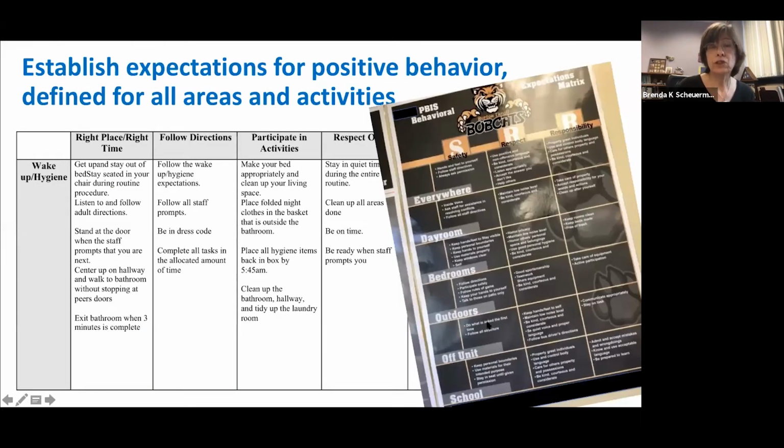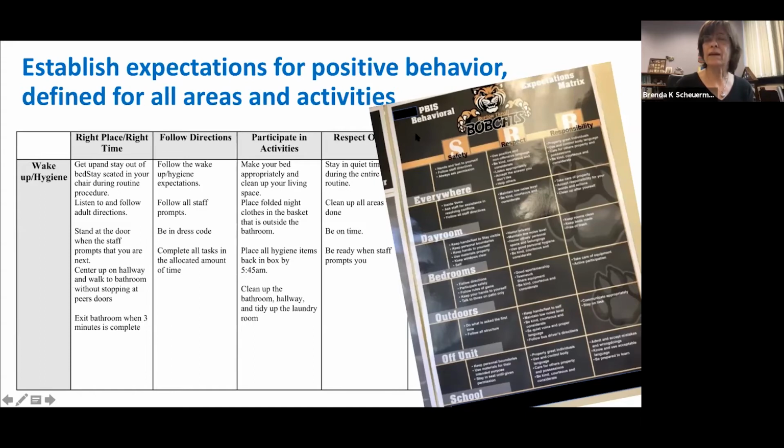We use teaching matrices just like we do in school settings. Here's a couple of examples. This was a residential program. They had 5 overarching expectations, and here's how they defined those expectations during wake up and hygiene routines in the morning.